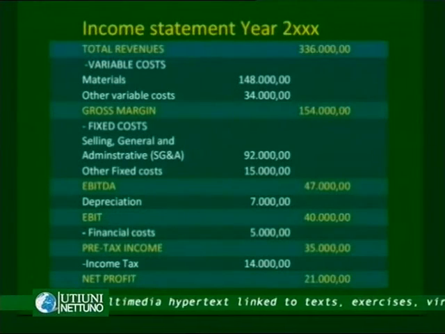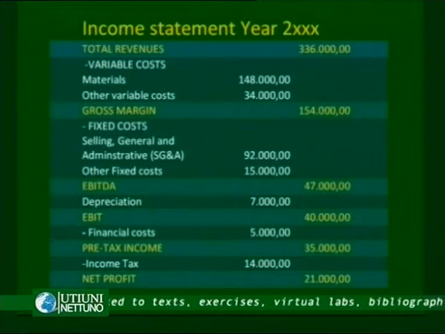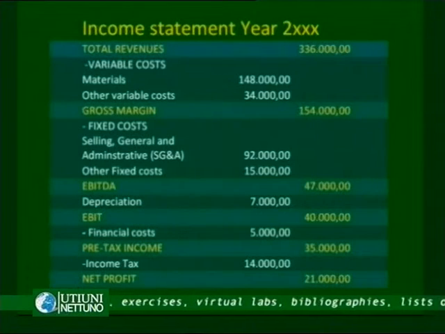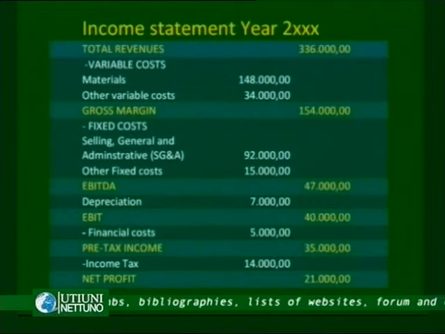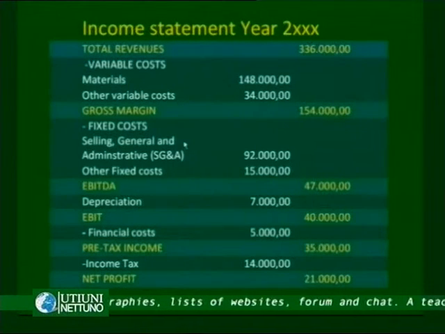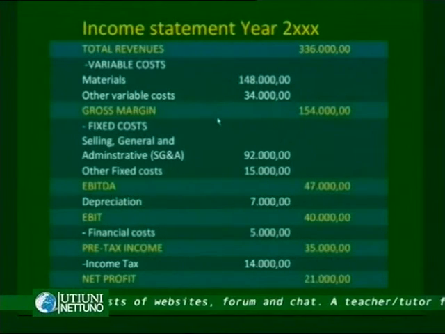So here we find two typical sources of operating fixed costs. We have selling, general, and administrative costs that are also defined in a synthetic way as SG&A that account for $92,000 and can be, for example, the commercial costs that are sustained in order to sell the product, or the administrative costs for the employees that manage, for example, the invoicing process for this project, and so on.